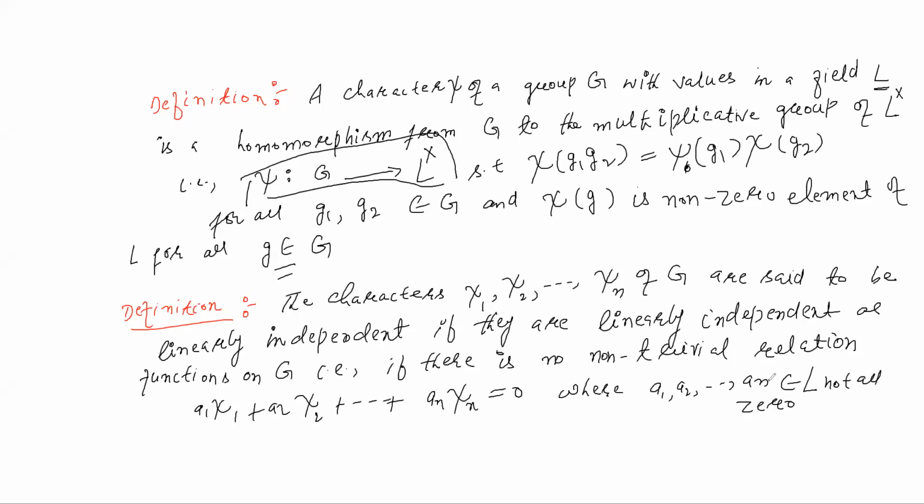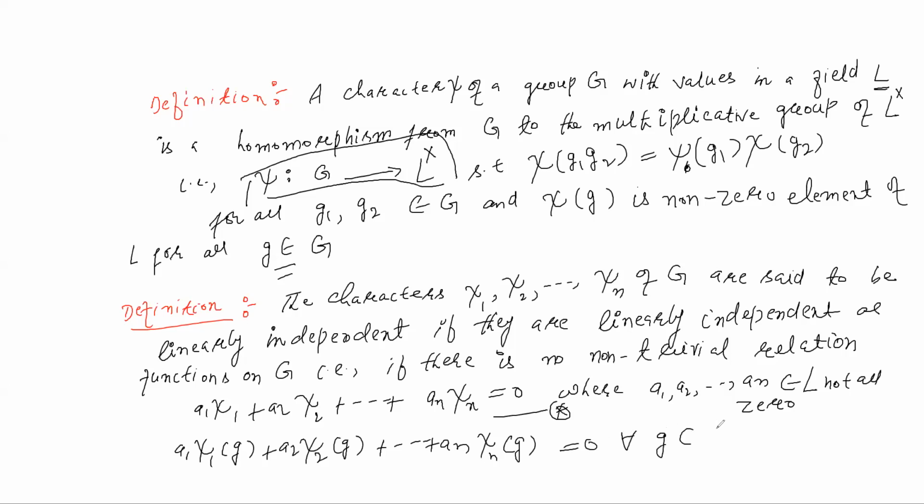Let us call this relation star. So there is no non-trivial relation of this type means that this should not be true for every element of the group: a1 chi1 of g plus a2 chi2 of g plus so on plus an chi n of g is equal to 0 for all g in G.